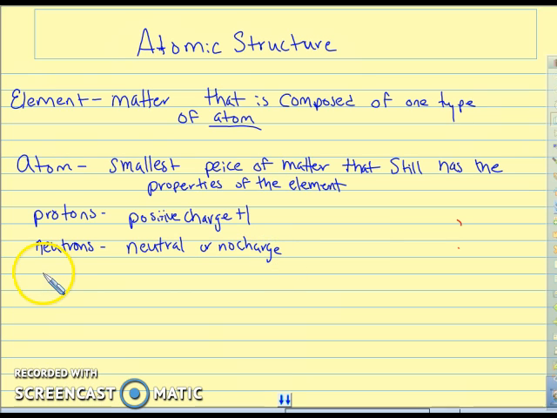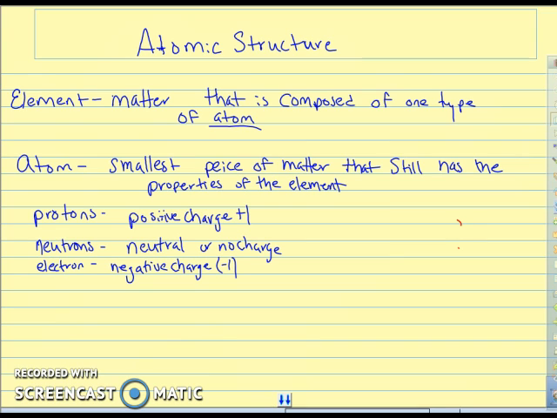And then you have an electron, which has a negative charge. You think about electricity, you're going to get charge, right? You stick your finger in a light socket. Okay, so where are the protons and neutrons located? In the nucleus. Right.